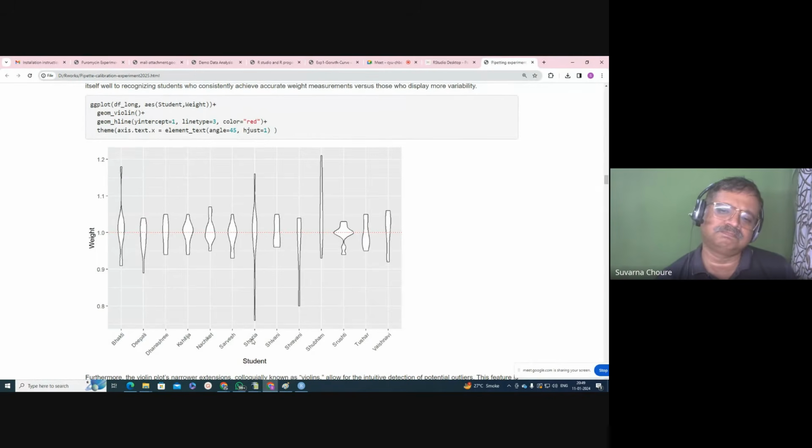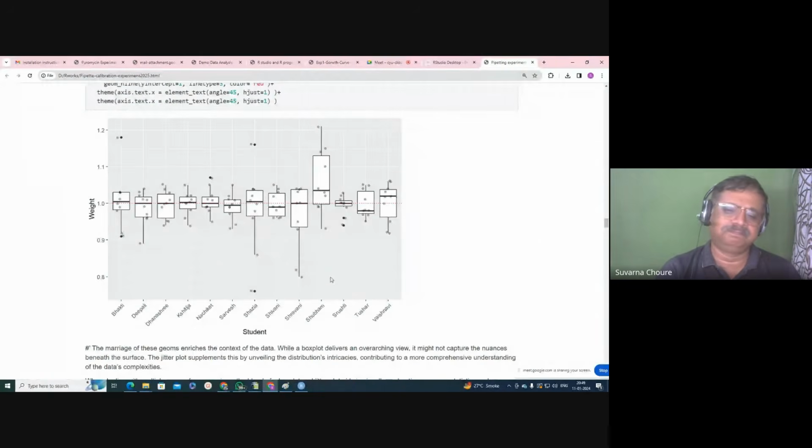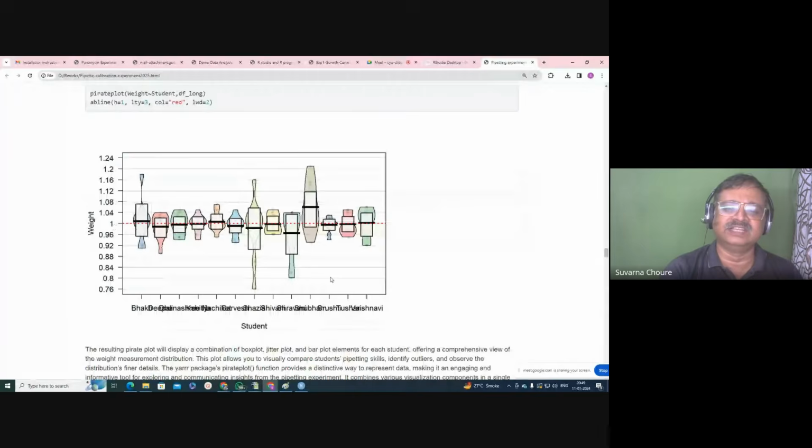Shazia is not doing well in the theory exam also because she is not serious about her quality. Bhakti is a little cautious. She is consistently measuring at higher, but her accuracy is quite good, not much bad. Shubham is consistently on the higher side. Their marks actually correlate with their pipetting accuracy or pipetting seriousness.